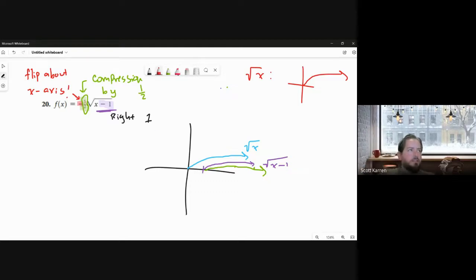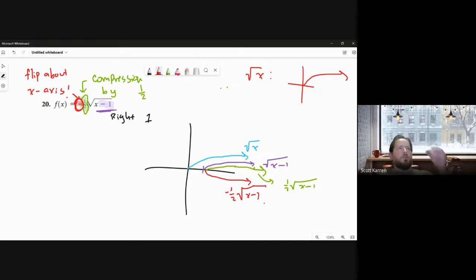And then the very last thing that I have to do is take care of that negative. So let me write this. Green is the graph of 1/2 root of x minus 1. And then if I just flip this about the x-axis, that gives me the negative 1/2 root of x minus 1.